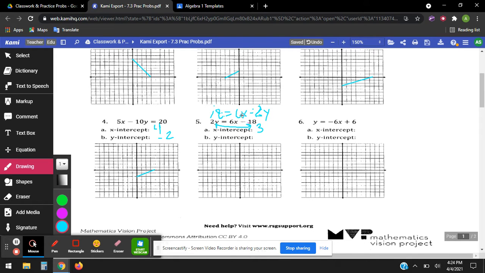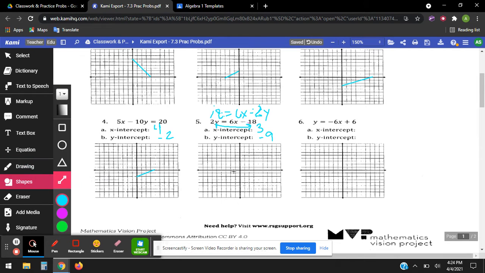My x is 0. Negative 2 times negative 9. So then I'm going to go to 3 on the x, down to, I believe negative 9 is the bottom one here. 1, 2, 3, 4, 5, 6, 7, 8, 9.